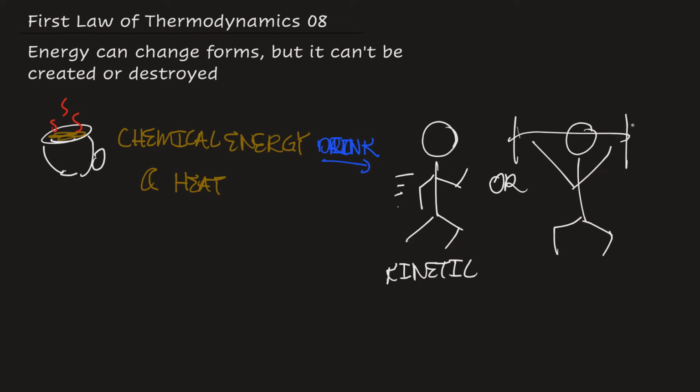I know the bar looks like it's going through the head, but it's not. So this is potential energy, and these are just a couple forms of energy that the original chemical and heat energy can change into.